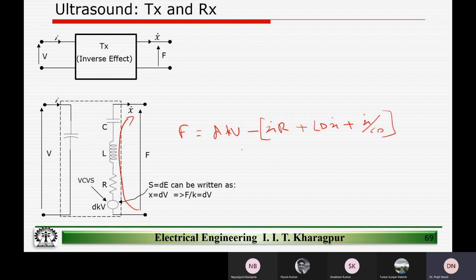This is again from the same spring and damper model. So if this is the force and this is the displacement that we are generating, we are saying that this is our equivalent transmitter, and where are we going to apply this displacement?